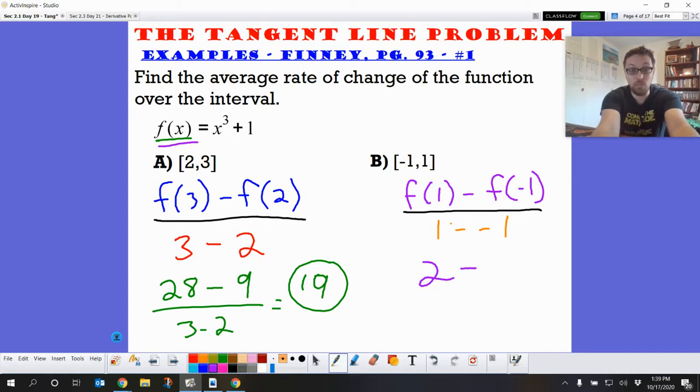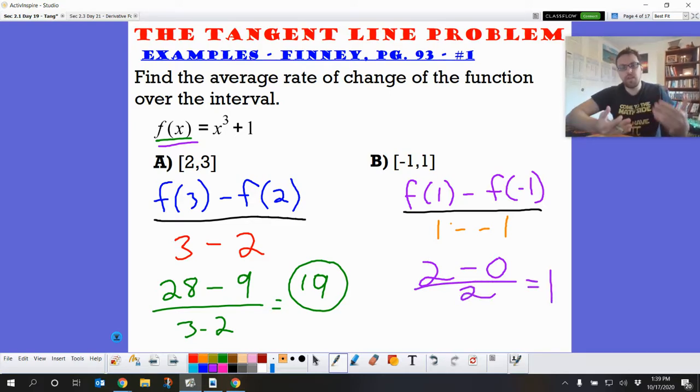Minus f of negative 1, negative 1 cubed is negative 1, plus 1, that's 0, over 2, which ends up equaling 1. So we seem to have an average rate of change from negative 1 to 1 of 1, and we have an average rate of change of 19 when we go from 2 to 3. So it seems to be changing much more quickly in this first interval than it was in the second interval. It was only changing by a little bit, only by about 1.